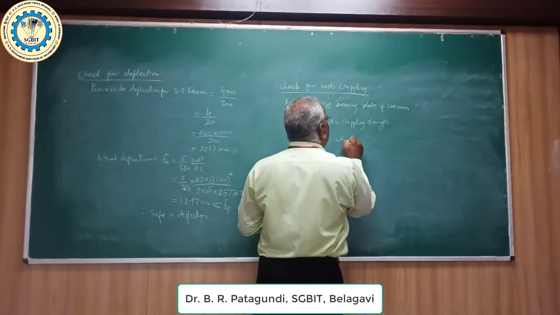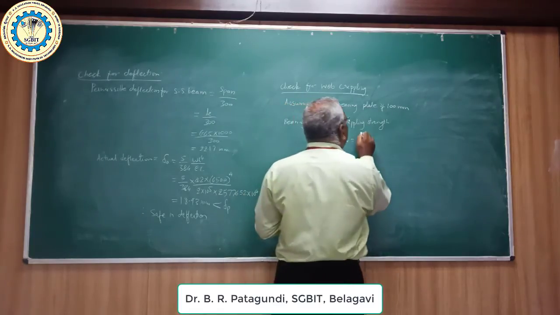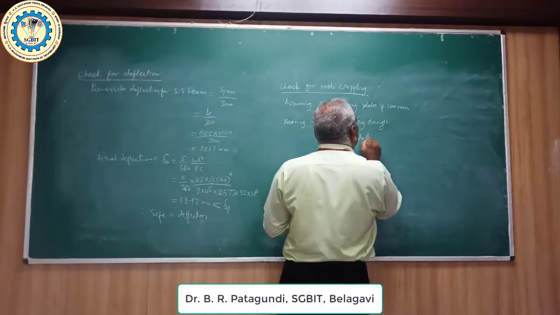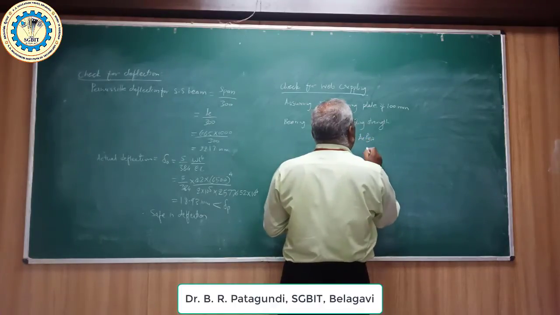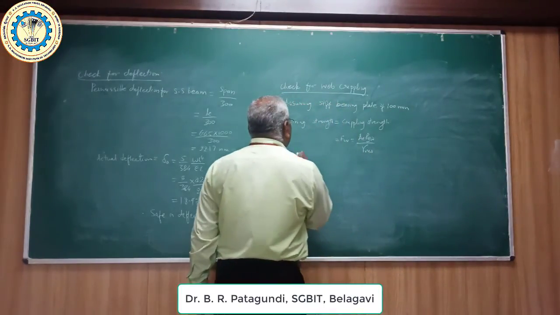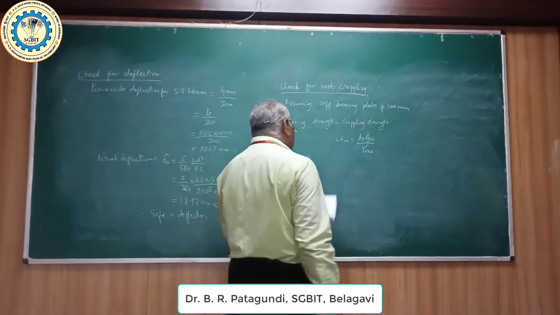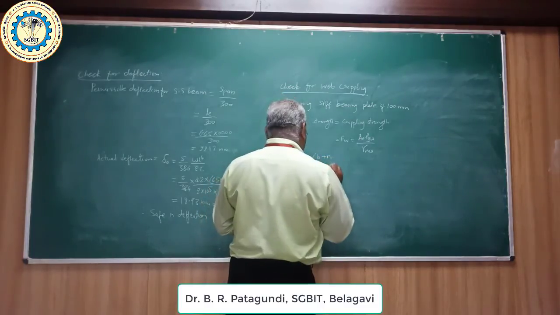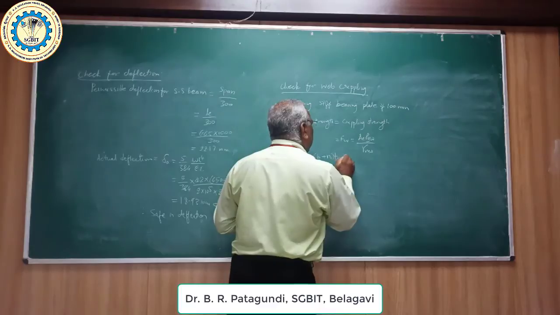FW is equal to AE into FYW divided by gamma MO, where AE is effective area of the web, which is given by B plus N1 into TW.